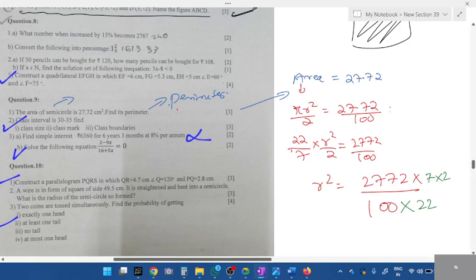Pi is 22 by 7. Now, reduce 22. Look here, 2 elevens are. All of you will reduce 11. Copy. Try this, students. Complete it. I've sent the question paper in the group. Check the question. If they give full circle, use full circle concept formula.